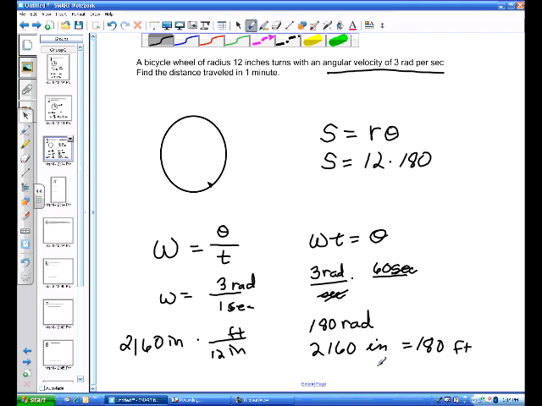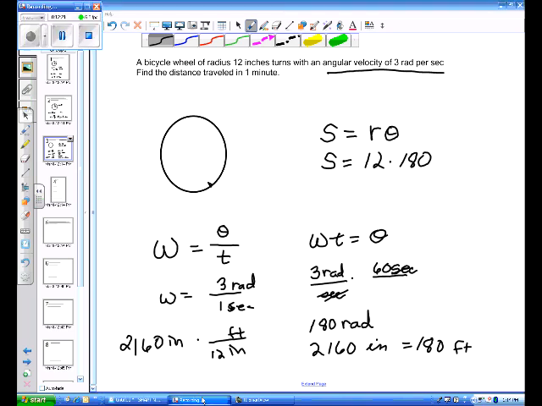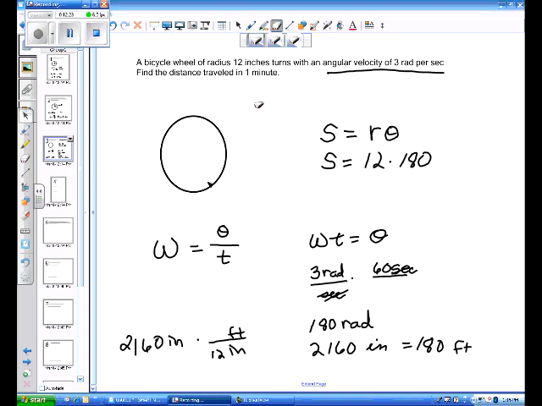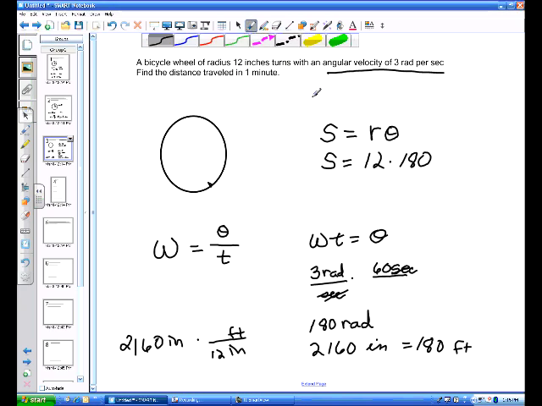And we're going to use these formulas in several different ways as we go through here. Now, before we move on to the next problem, I want to point out that with some of these problems, we have to find some things before we can really answer the question.